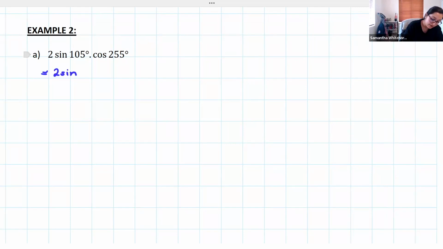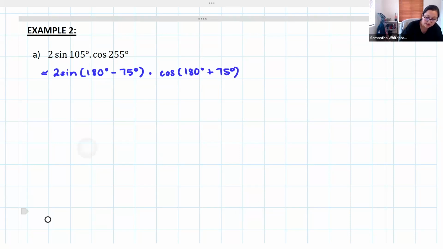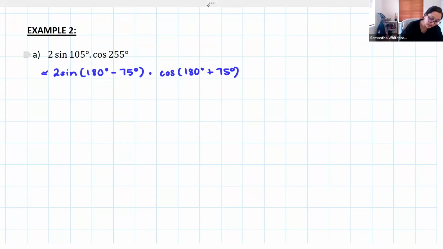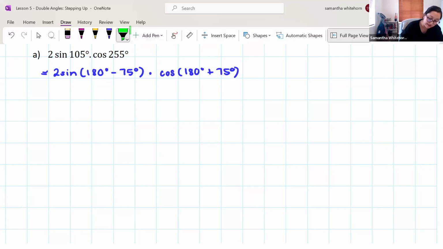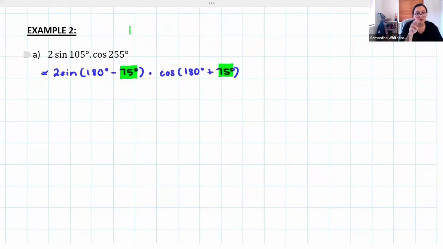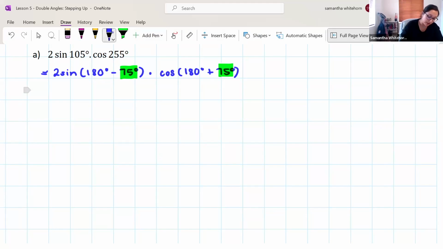So if I apply a reduction to sine 105, it would be sine of 180 minus 75 degrees. And cos 275 would be cos of 180 plus 75 degrees. Now this is great, because what I see is that through my reduction, my angles are now going to be the same. And that will allow me to apply my double angle formula once I've sorted out my reduction.